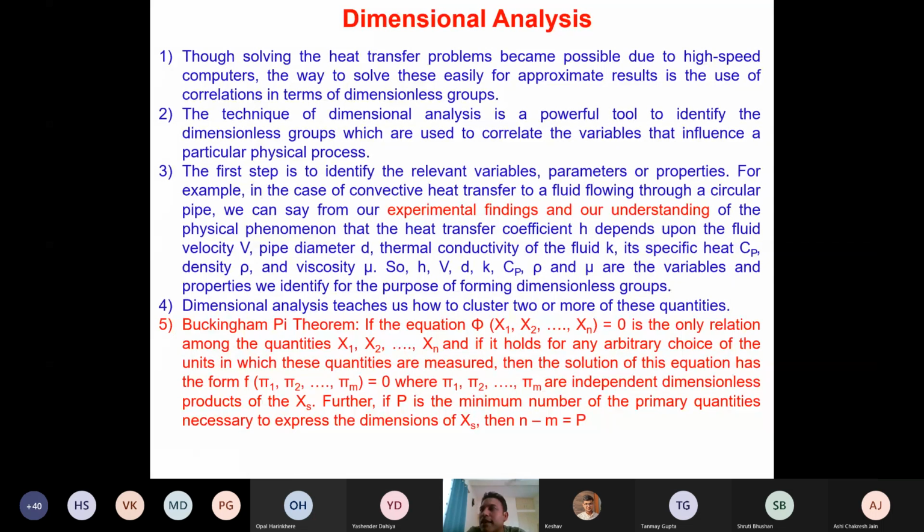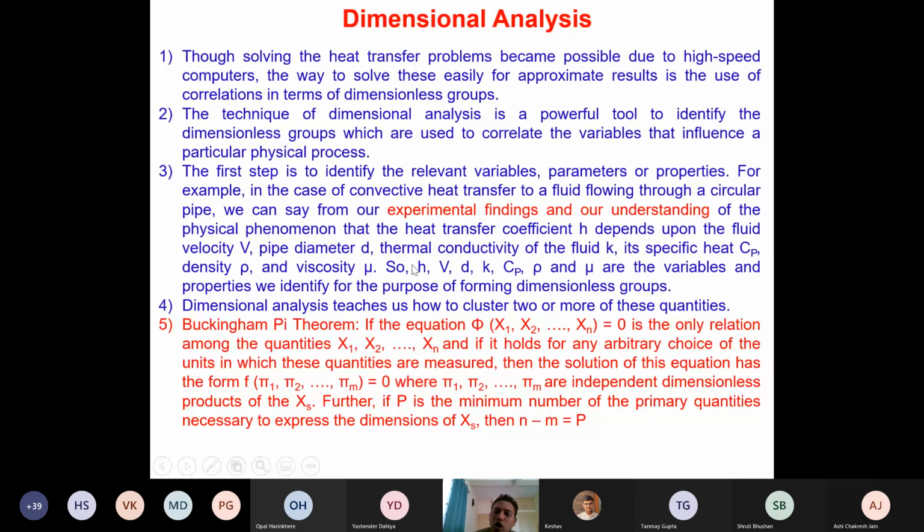So what this particular theorem says, basically, if you know that there are different quantities and variables like x1 up to xn, these are related with each other, and that relation holds for any choice of units, then one can obtain the solution of this equation in terms of dimensionless groups such as pi1, pi2, pi m, where m is the total number of dimensionless groups that can be present in such cases.